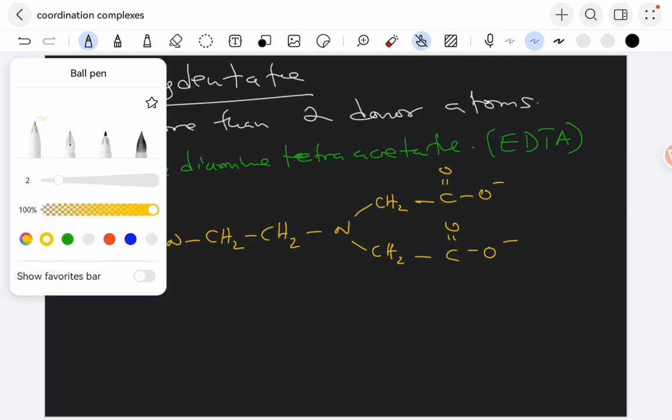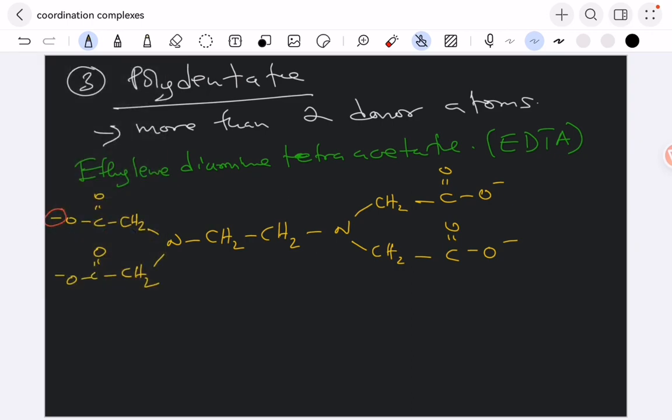In terms of the pairs of electrons, there's a pair here, a pair here, a pair here, a pair here, a pair here, a pair here. So 6 pairs of electrons will be bonded to a metal ion. So EDTA is a very common example of a polydentate ligand, and we'll be able to see it in most of the complexes that we'll look at as examples.